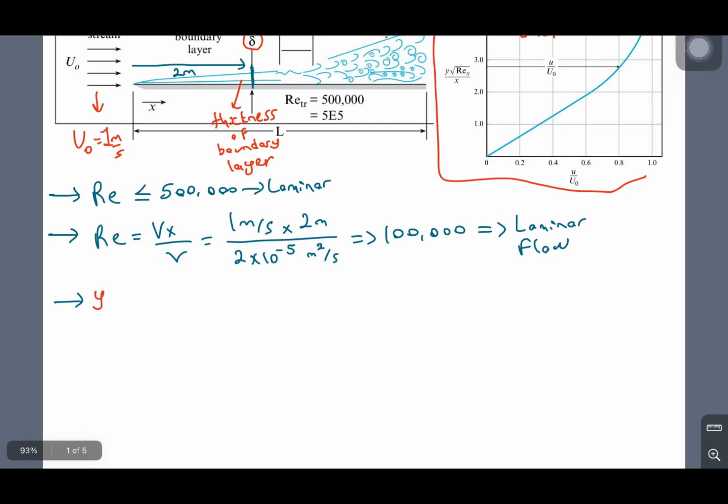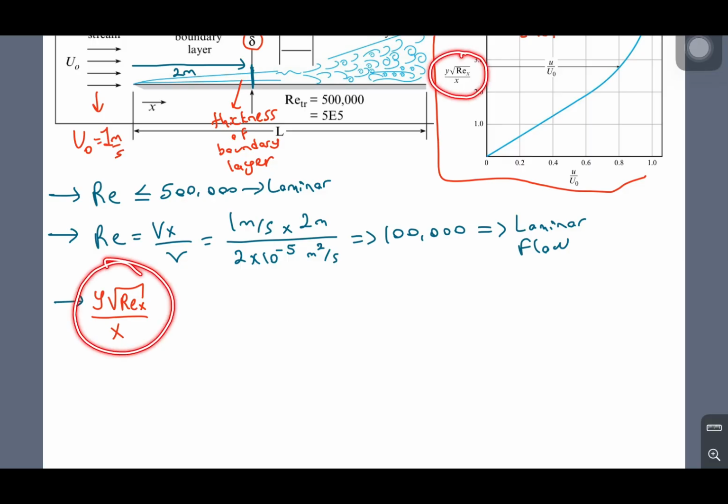We have this term on the y-axis and another term on the x-axis, and as I mentioned, we will be calculating this velocity.